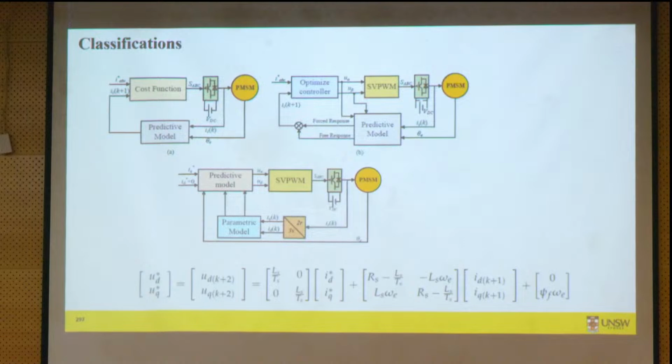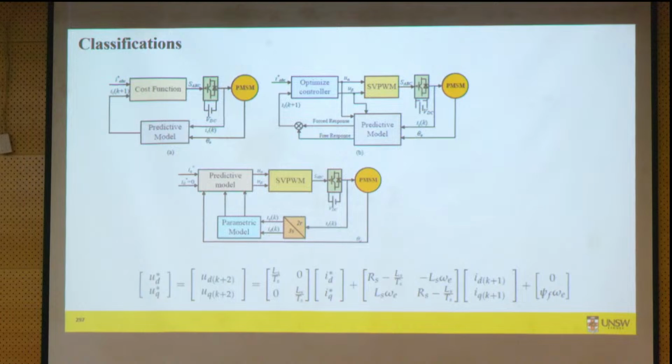So these UD and UQ can be calculated from the dynamic model of the motor again. This is your familiar equation, but in the discretized form, and you use these voltages back in your predictive control, the estimation of current control.